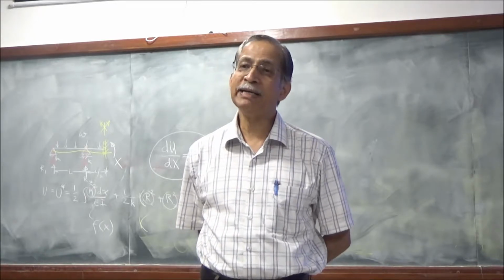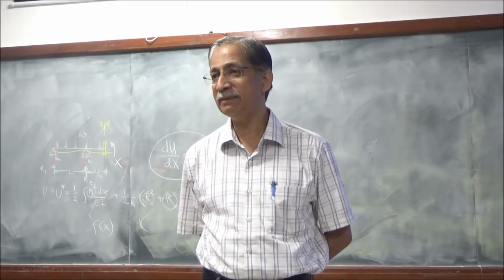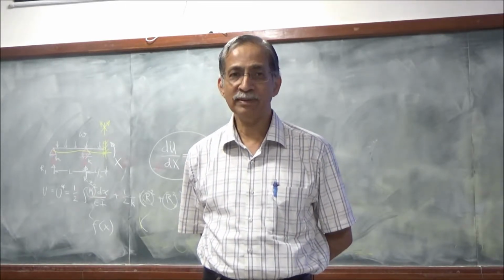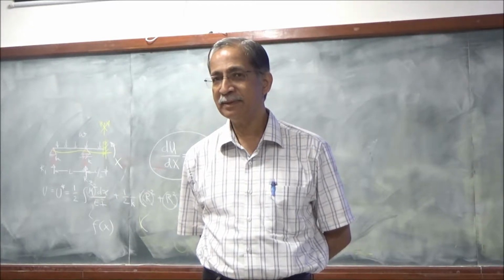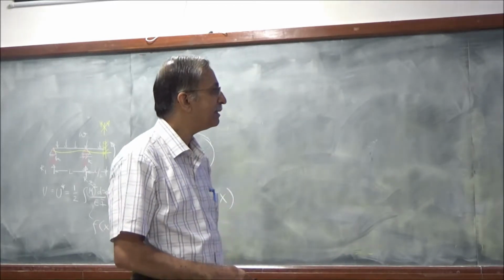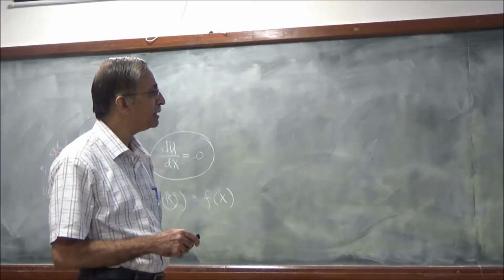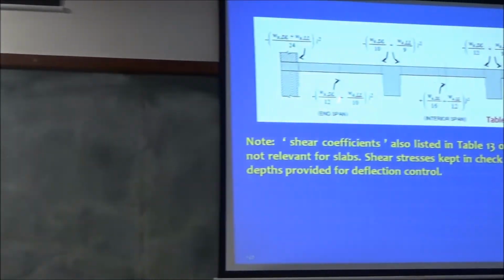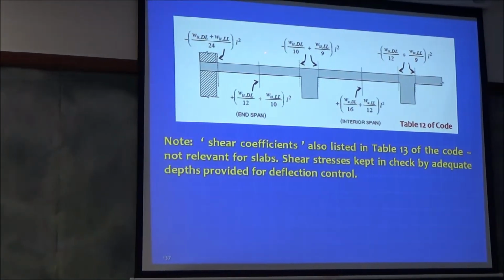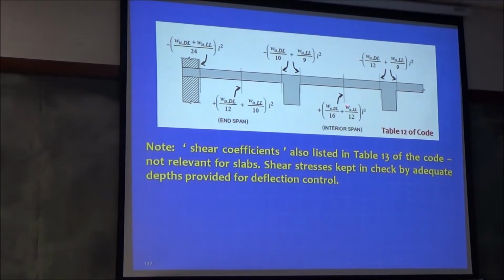In which will I need more positive steel? Sagging moment. Interior or exterior? Exterior. You have to have clarity. You will find that always the exterior is the most critical. The bending moment here will be more than the bending moment here.